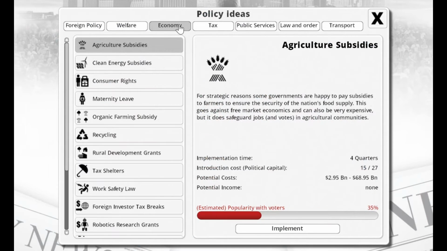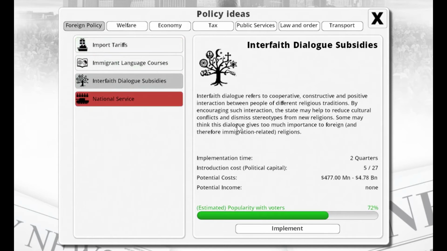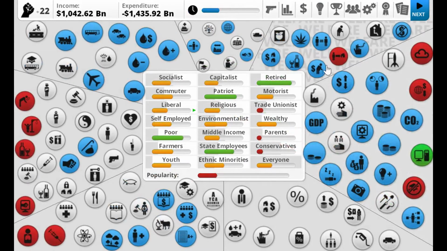Implement a... What is this? Let's go with it, why not? It would help. It really would.